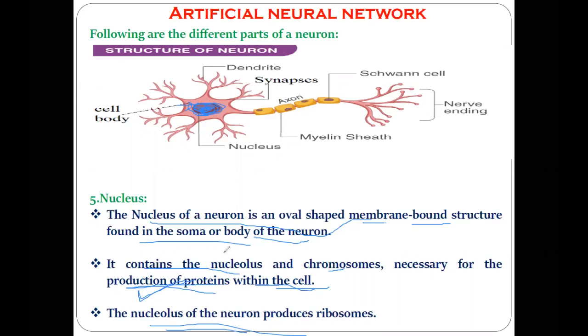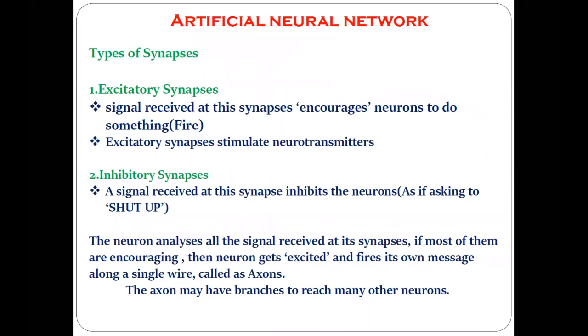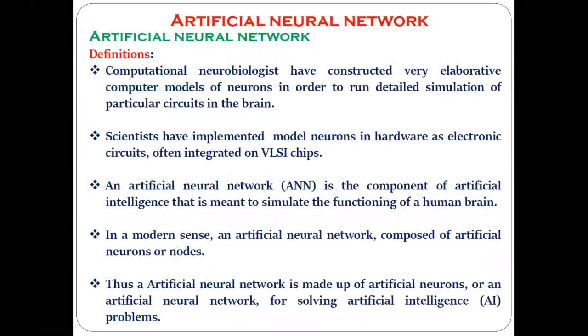Understood? So these are the different components of our biological neurons. We have discussed a single neuron here, but there are billions of neurons present in the human brain.